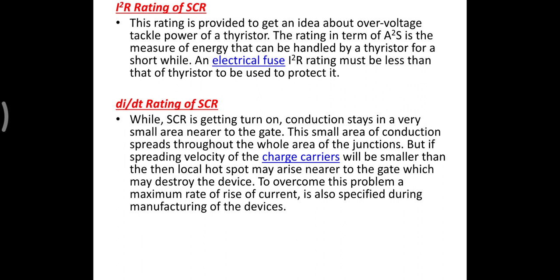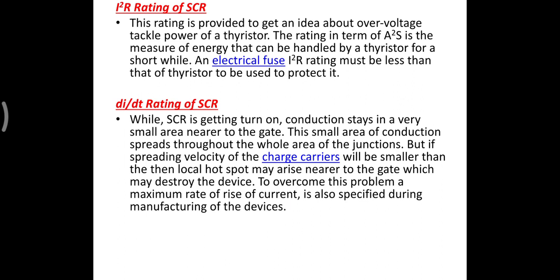When the gate is triggered, or a gate pulse is sent to the gate, at that situation currents go through the gate. That gate is a very small area. So at that situation there is a possibility of generation of heat.